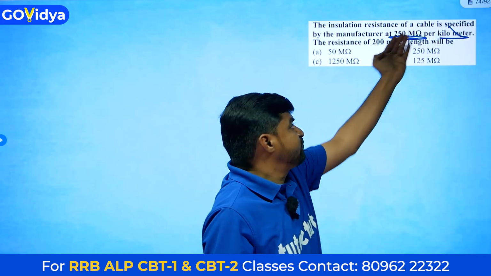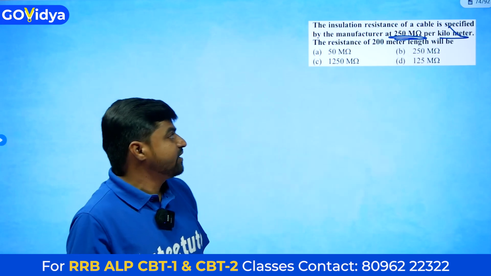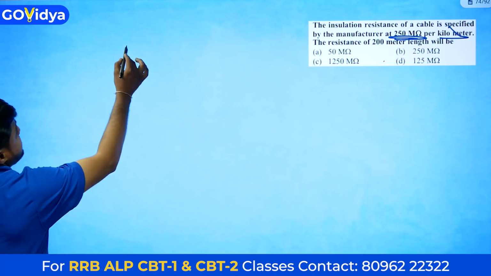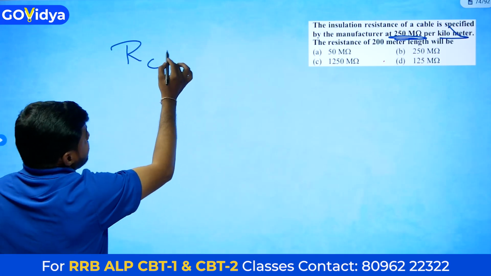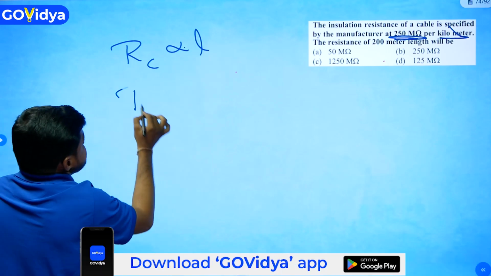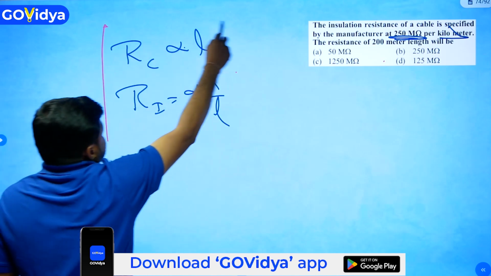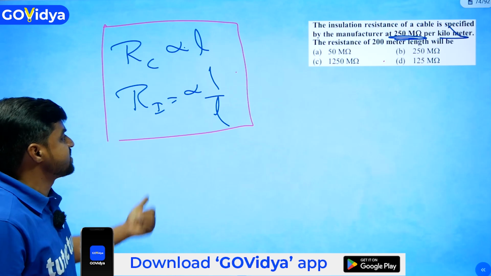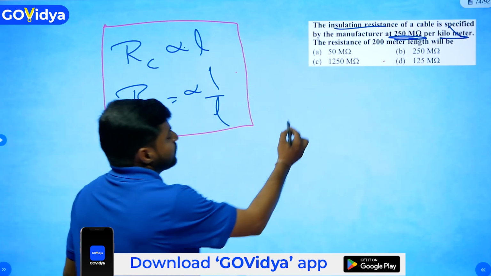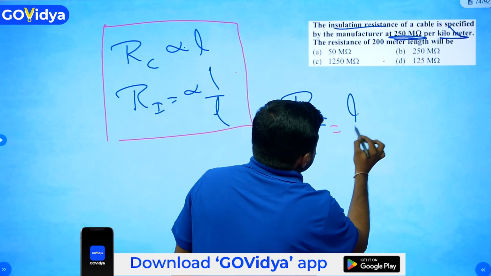The resistance of the insulation of 250 meters length is? When it is 250 megaohms for 1 kilometer, what is the resistance for 200 meters? Resistance of a conductor is directly proportional to length, while resistance of insulation is inversely proportional to length. Here insulation resistance is inversely proportional to length. We can write R2 by R1 is equal to L1 by L2.